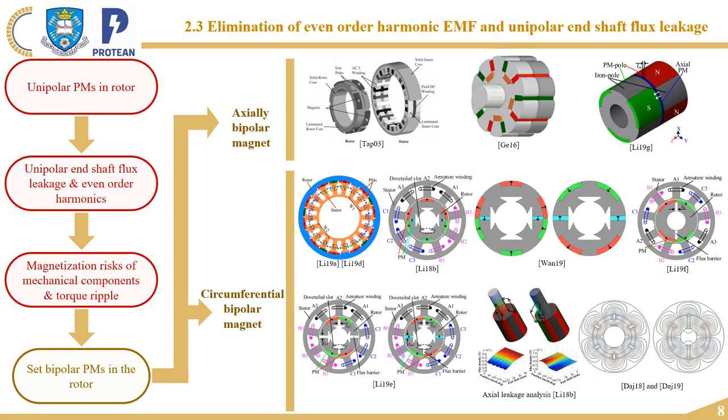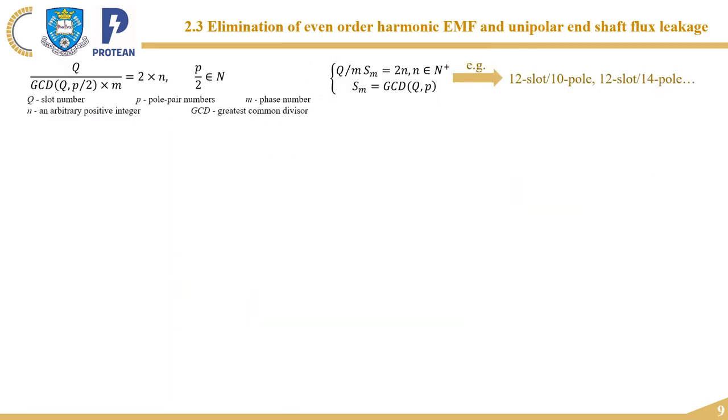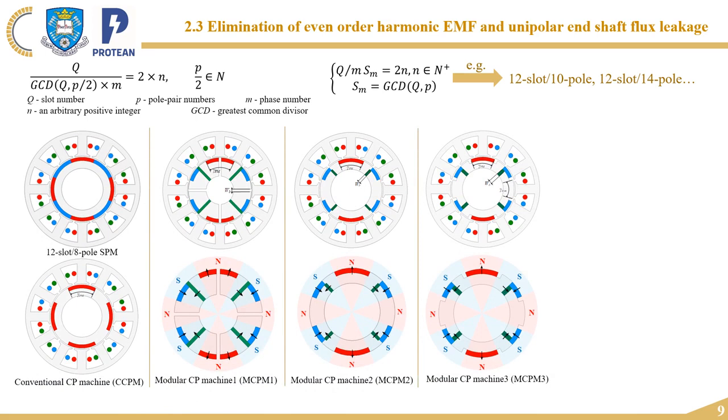Similarly, I try to propose some structures to eliminate even-order harmonics in the EMF and unipolar end-shaft flux leakage for some other slot pole number combination machines. As shown in this figure, in the second column, I call it MCPM1.